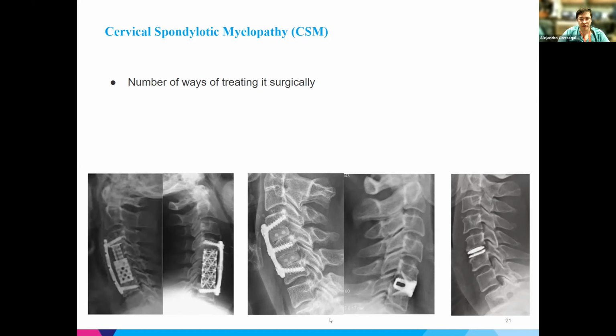And then what do you see in the middle here? As opposed to corpectomy, then we have two other ones. Right, so I'm seeing an implant in the disc, I believe.